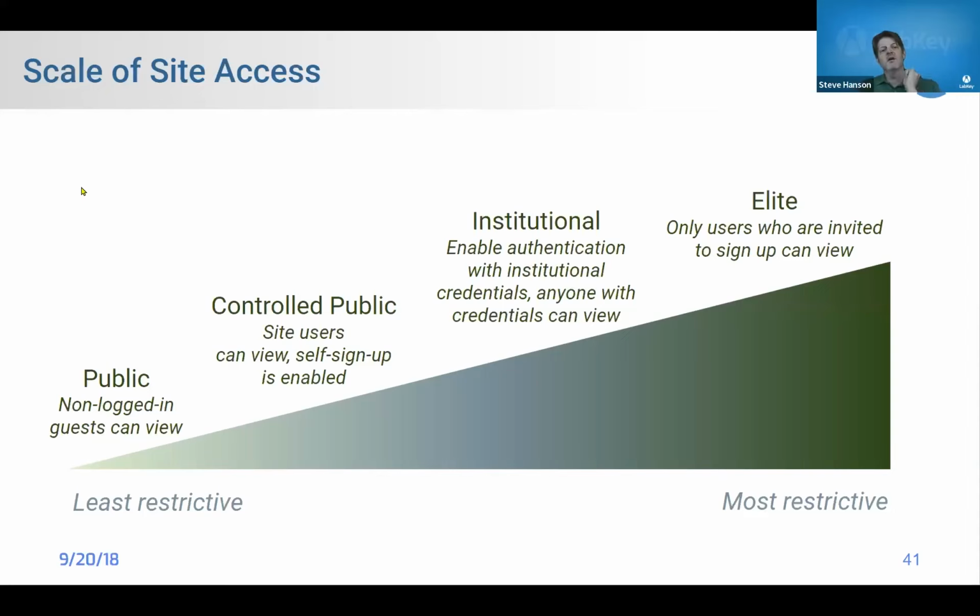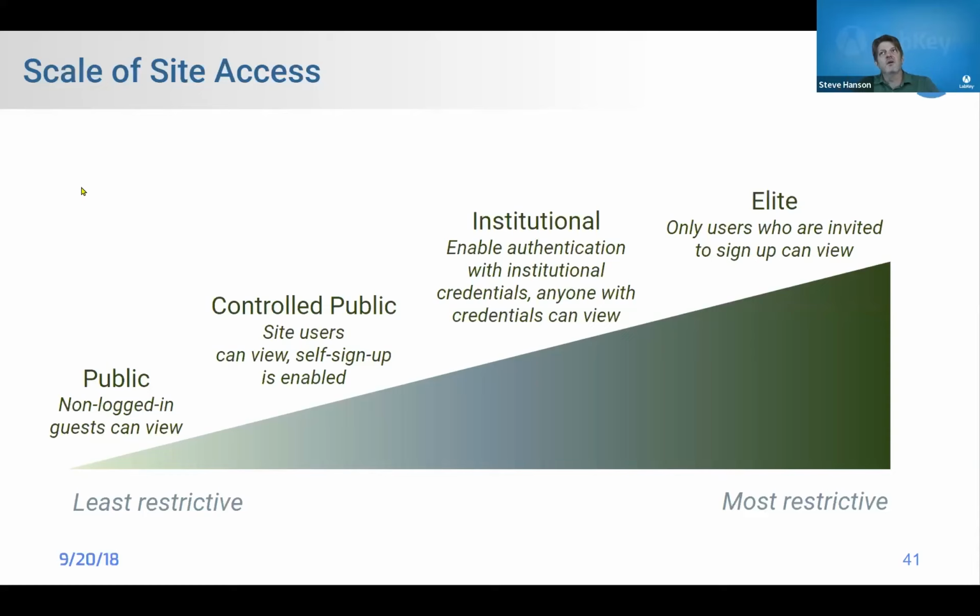Public means you've given access to guests. We've already done that. We took it away, but we did that. Controlled public means you're giving access to people that are signed in, and especially when self-sign-up is enabled. We haven't talked about this, but there are 2 ways to set up user registration for a site.